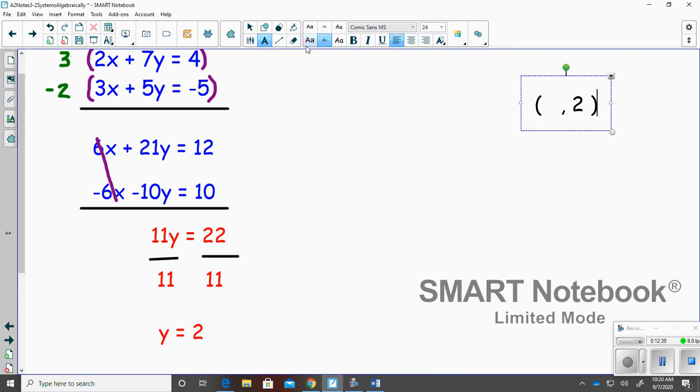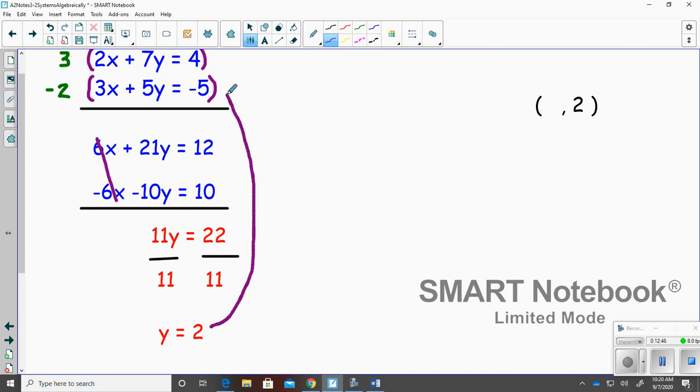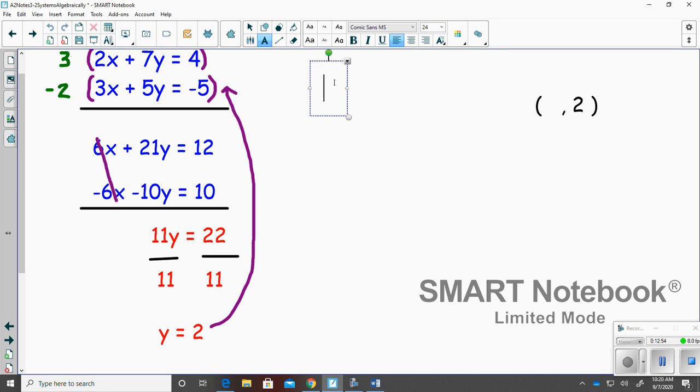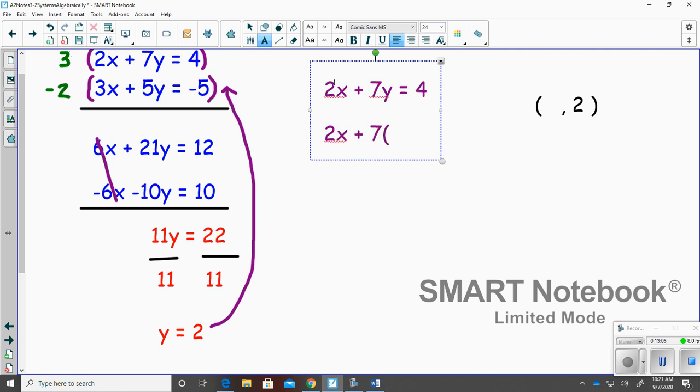I'm missing x, so I need to go back, take this 2, pick one of the top 2 equations up here and substitute it in. It does not matter which one you select. I'm going to pick the first one. I'm substituting 2 in place of y because we just found that value.